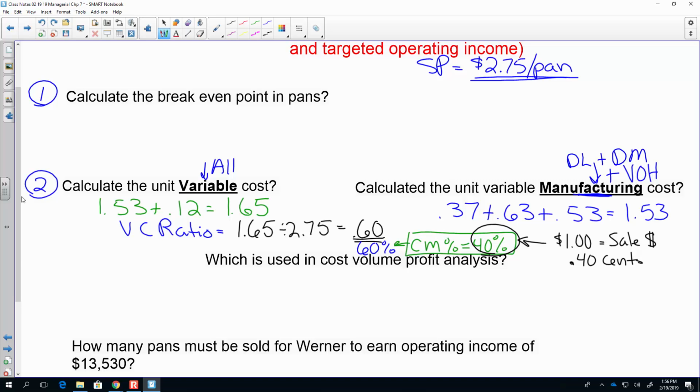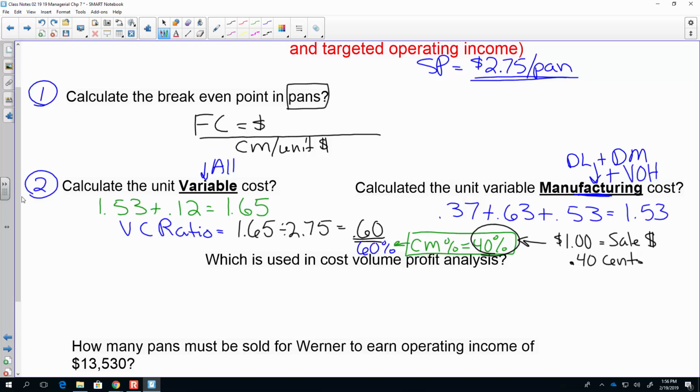So, I'm looking for a break-even point in pans. I'm going to take my fixed cost, divide it by my contribution margin per unit in dollars. So dollars over dollars.